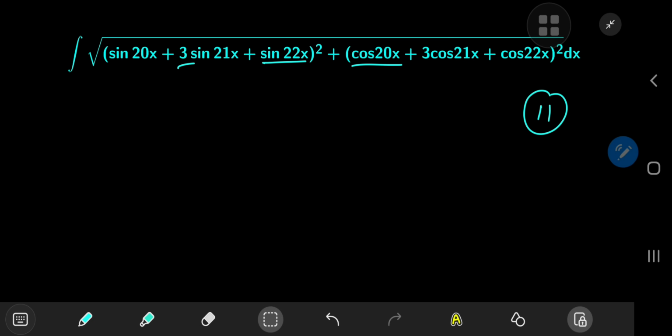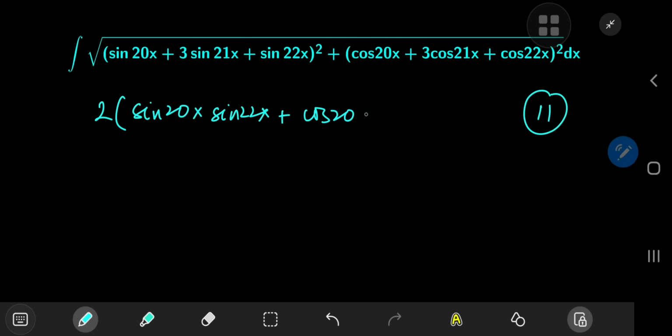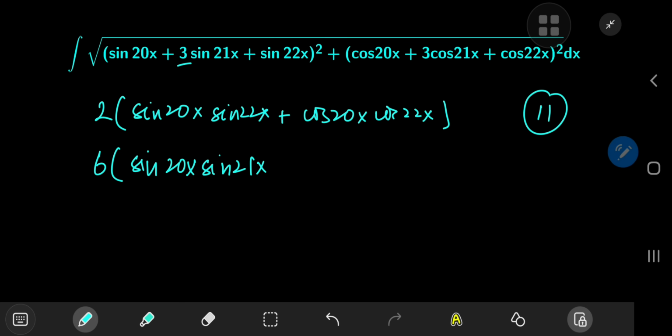And what about the cross terms? Well, the cross terms will give rise to 2 times sine 20x times sine 22x plus cosine 20x times cosine 22x, as well as 6 times the sine of 20x times sine 21x plus the cosine of 21x times the cosine of 20x.